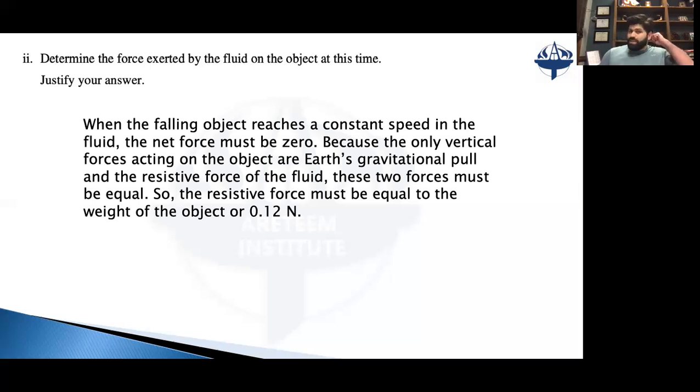In order for this speed to be constant, there has to be no acceleration, so the force of the fluid has to balance out the force of gravity on it. And we know what that is. That's just the mass times the gravitational constant of 9.8, or in this case, let's just make it an easy 10 for our calculation purposes, which the College Board does accept, using the value of 10 for little g.